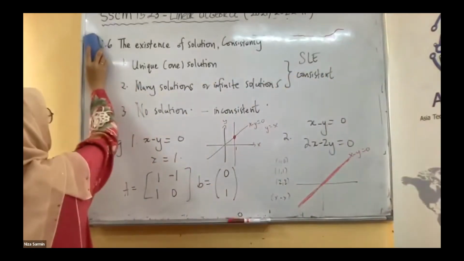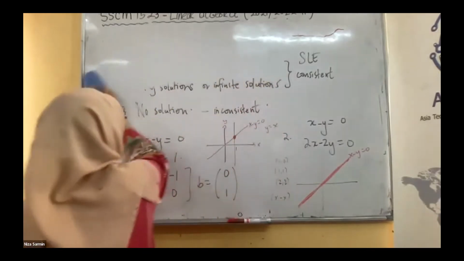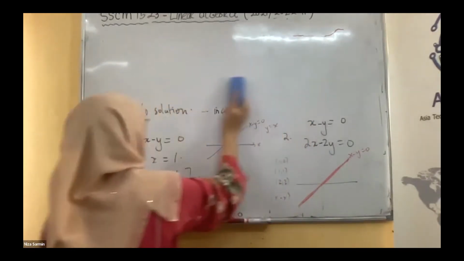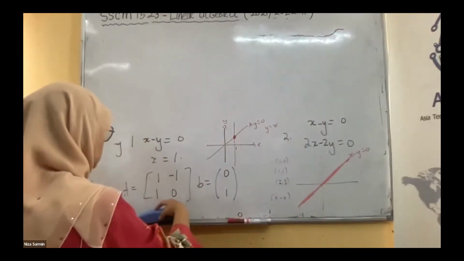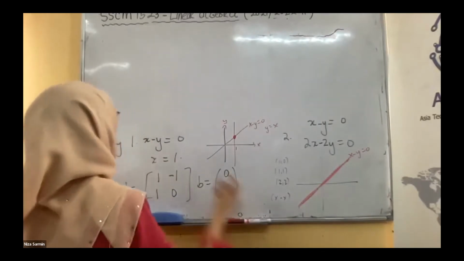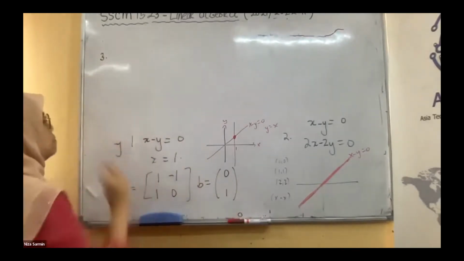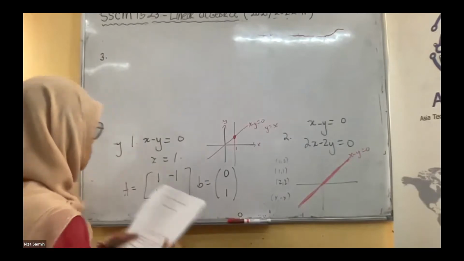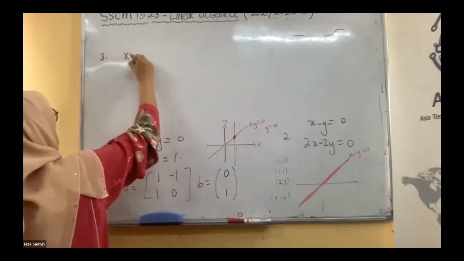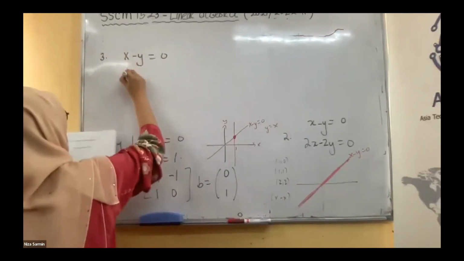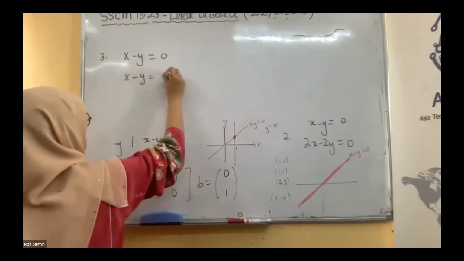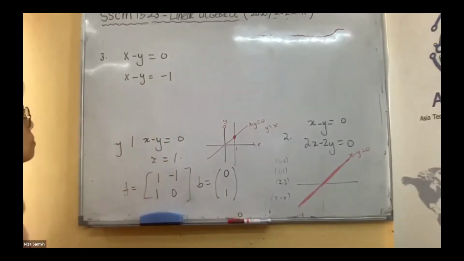The third one, x minus y is 0, x minus y is negative 1.